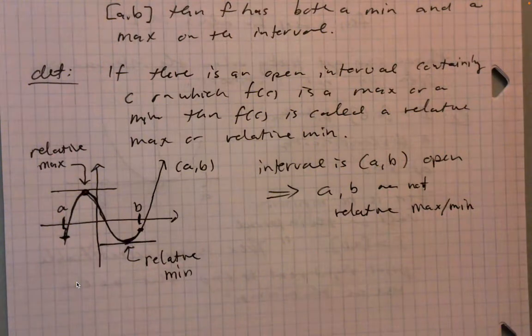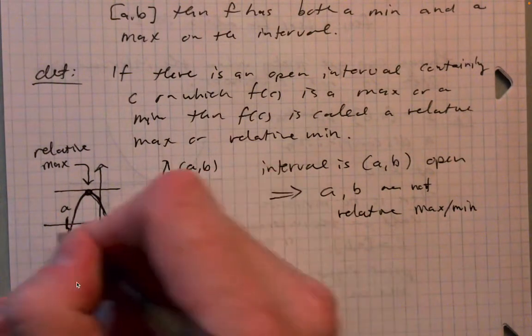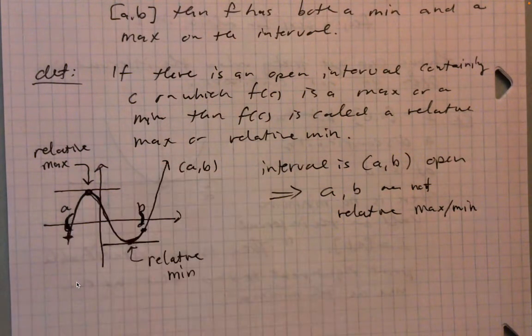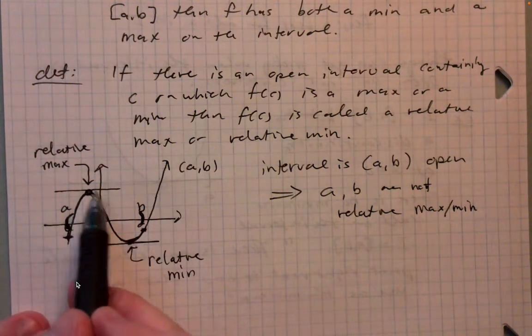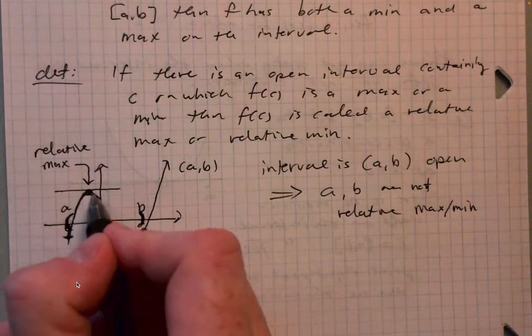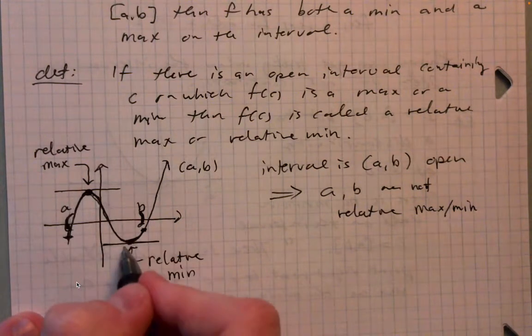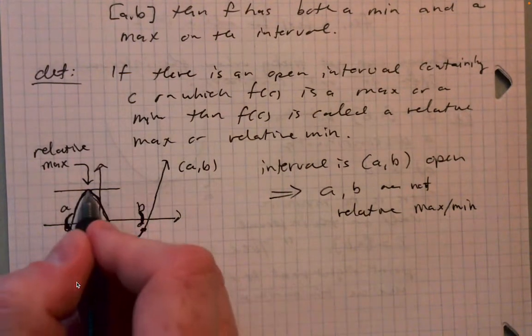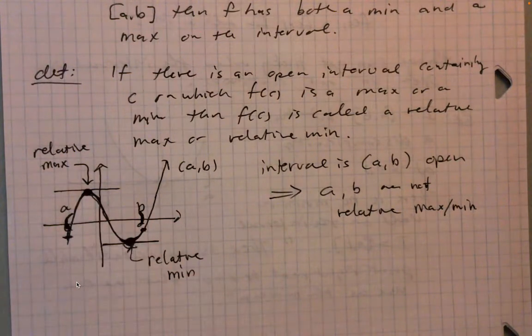And by having the interval be an open interval, it forces any maximums or minimums to be of this type, where you have a peak or you have a valley. Okay, so these are called relative max and mins.